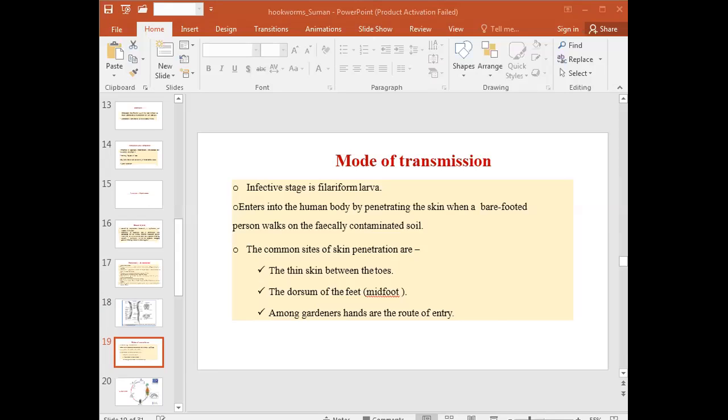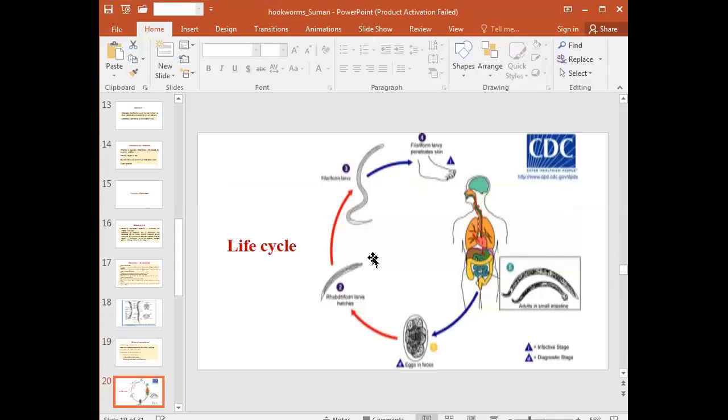This released larva, known as the rhabditiform larva, grows in the feces or the soil. In this picture you can see the life forms very clearly. This is the rhabditiform larva that comes after the hatching of the eggs, coming through the feces and getting favorable conditions.